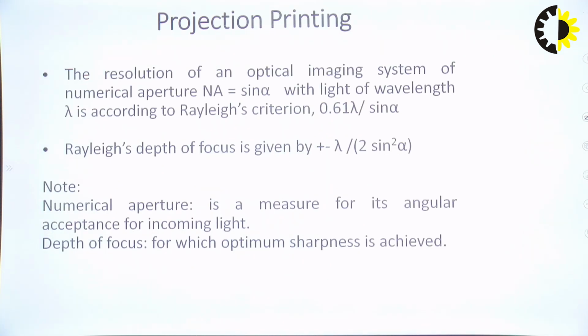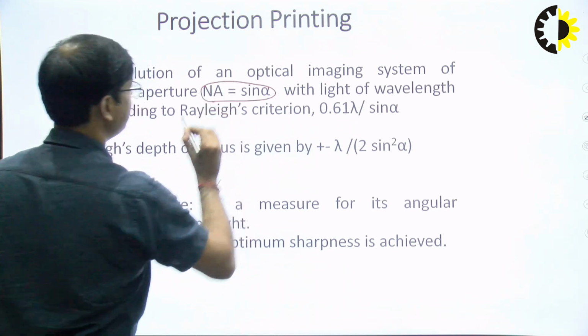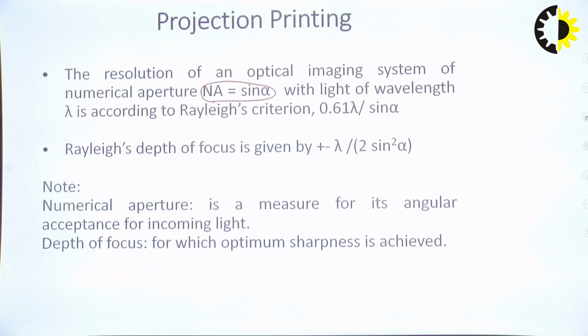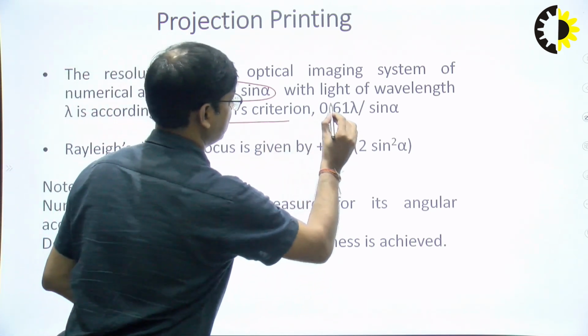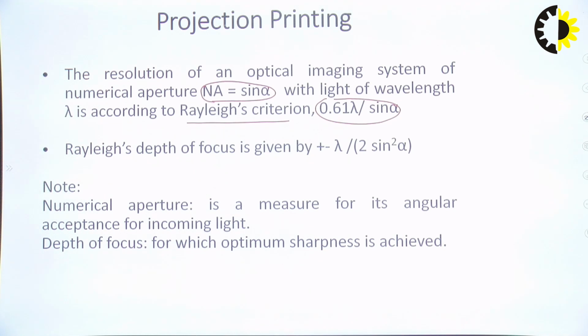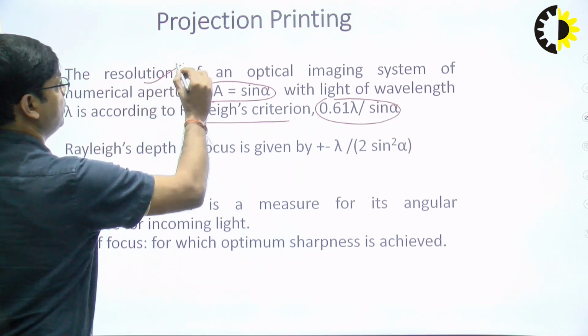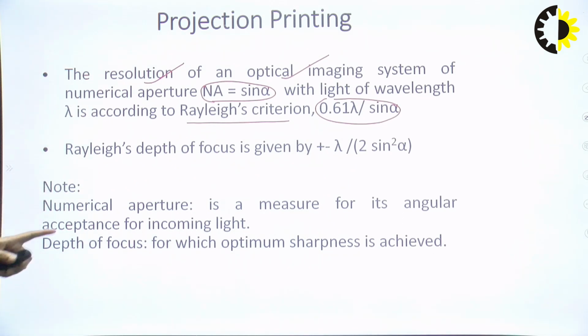The resolution of an optical imaging system of numerical aperture sin alpha with light of wavelength lambda is, according to Rayleigh's criterion, 0.61 lambda upon sin alpha. That is the resolution of an optical imaging system in the case of projection printing.